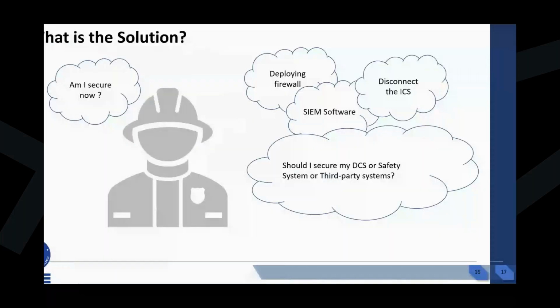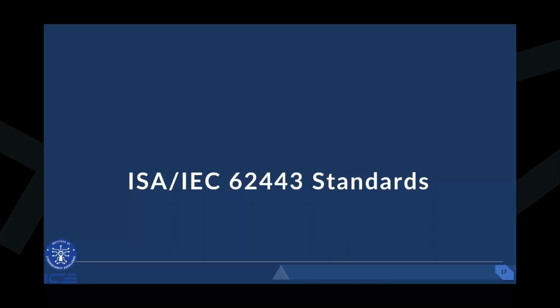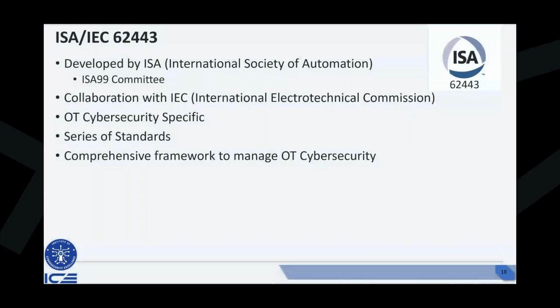So let's move on to the topic at hand today, which is the ISA IEC 62443 standards. ISA is the International Society of Automation, and the 62443 standard is specifically for industrial control systems cybersecurity, or OT cybersecurity, developed by the International Society of Automation.